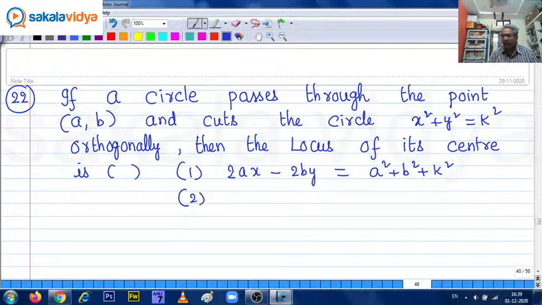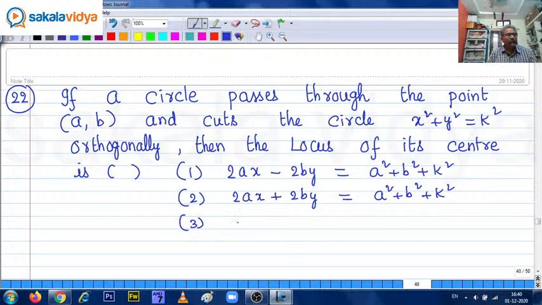Second option, 2ax plus 2by equals to a square plus b square plus k square.